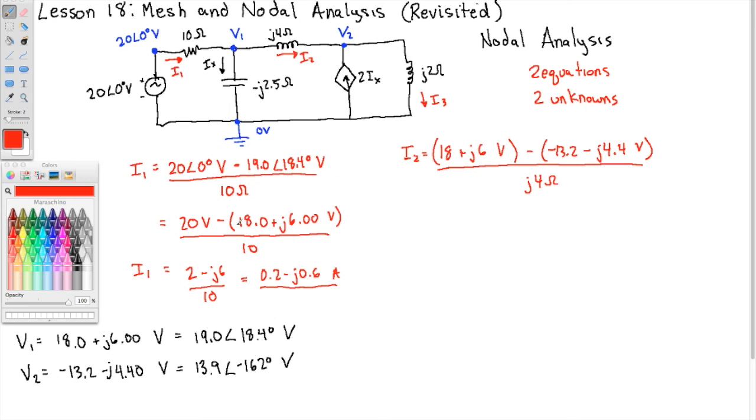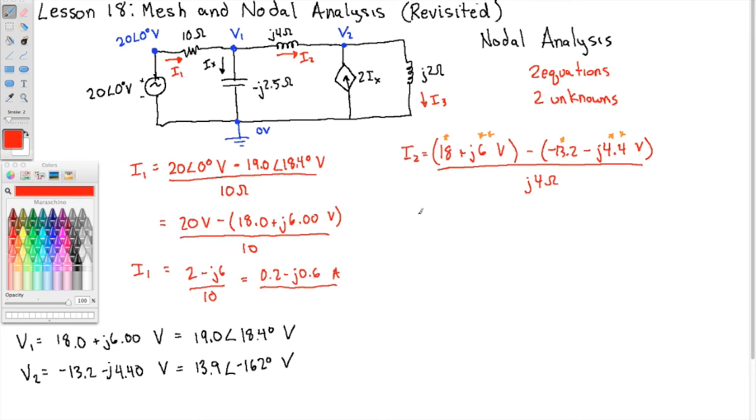Okay, so just like before, over here, you can combine the real parts right here and right here, combine the imaginary parts here, and then divide by the denominator there.